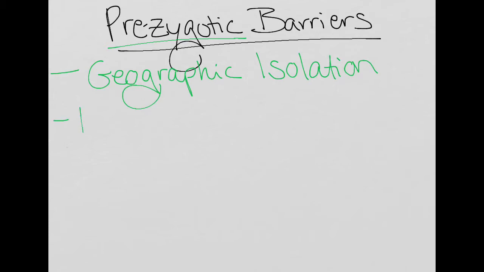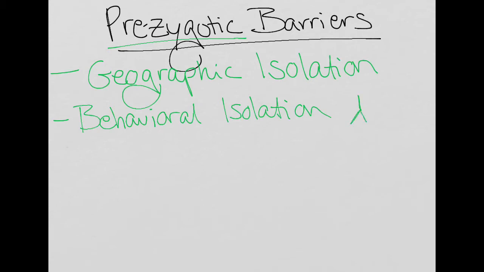Another is behavioral isolation. This will also prevent different organisms from mating. Let's say that I attract a mate by waving my right hand, or that would be my left hand.